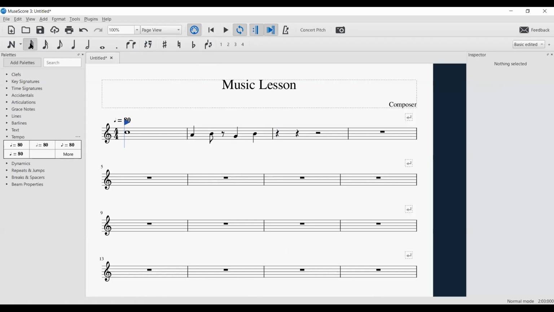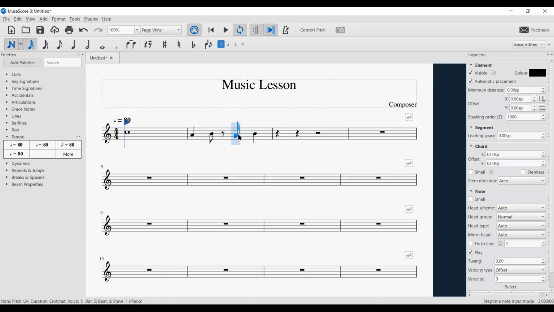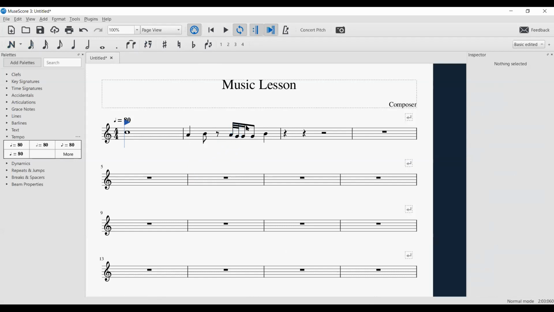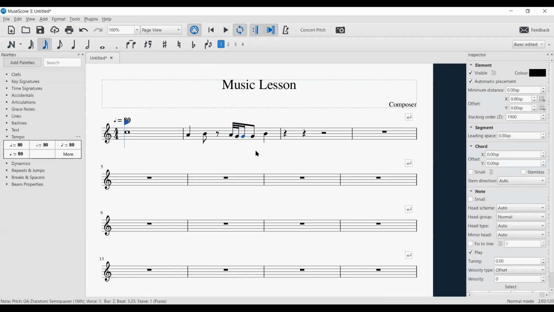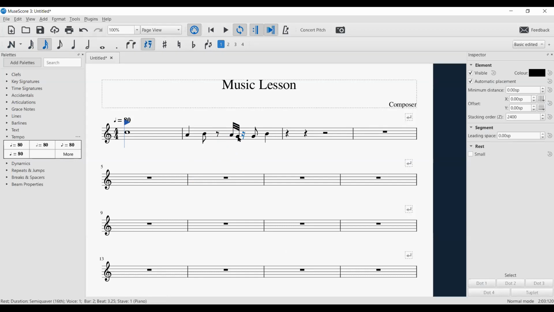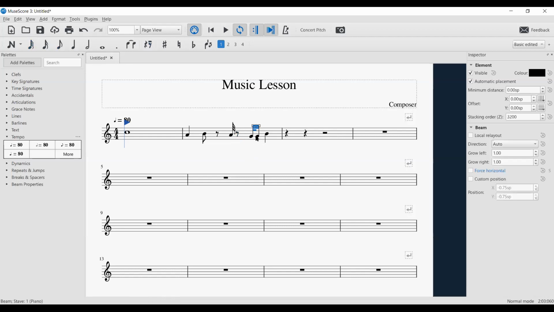If we put this one here, do you see that? We're adding some information there. That's the beam we're talking about, okay? That's the beaming we're talking about.